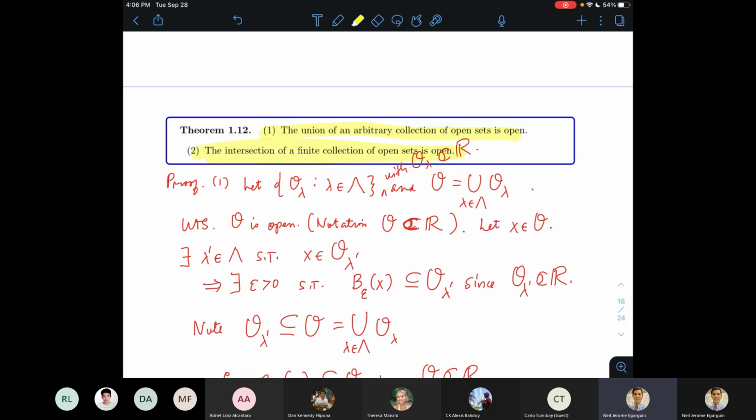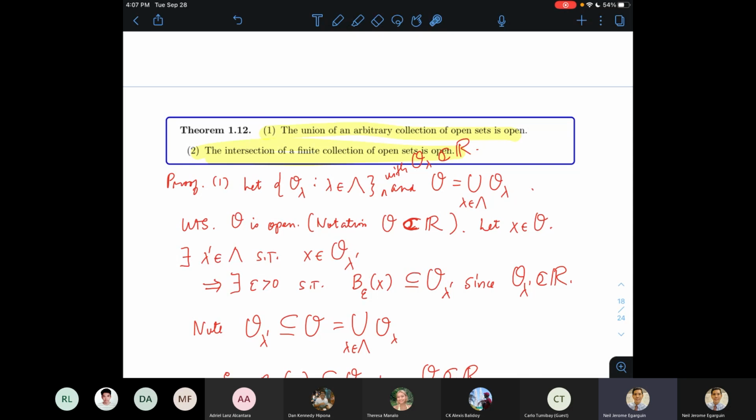Okay? Now, it might be a good thing for you to think, bakit kaya may restriction yung part 2 ng theorem 12? You look at theorem 12, required na finite collection ng open sets. Doon lang natin nag-guarantee na yung intersection nila ay open. So can you think of a counterexample?